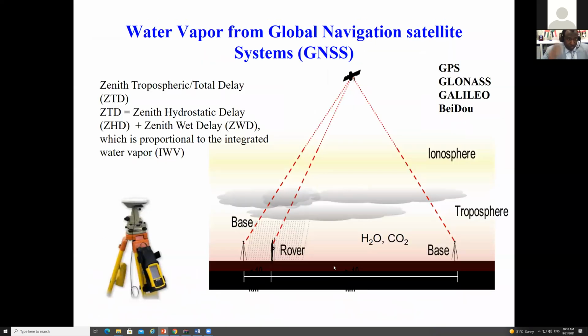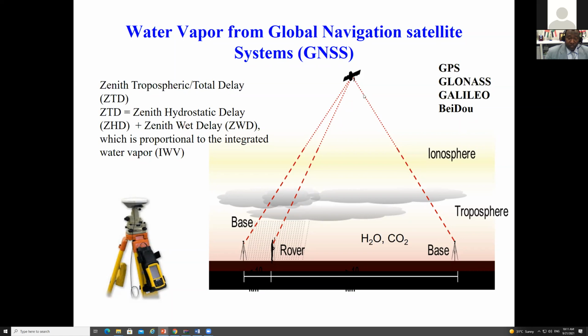Also, when we talk about global navigation satellite systems, they are merely designed to give location, but they are also utilized to estimate rainfall. And this is based on what they call the zenith tropospheric total delay. Mainly, if we look in the troposphere, maybe from 0 up to 15 kilometers, we have clouds.